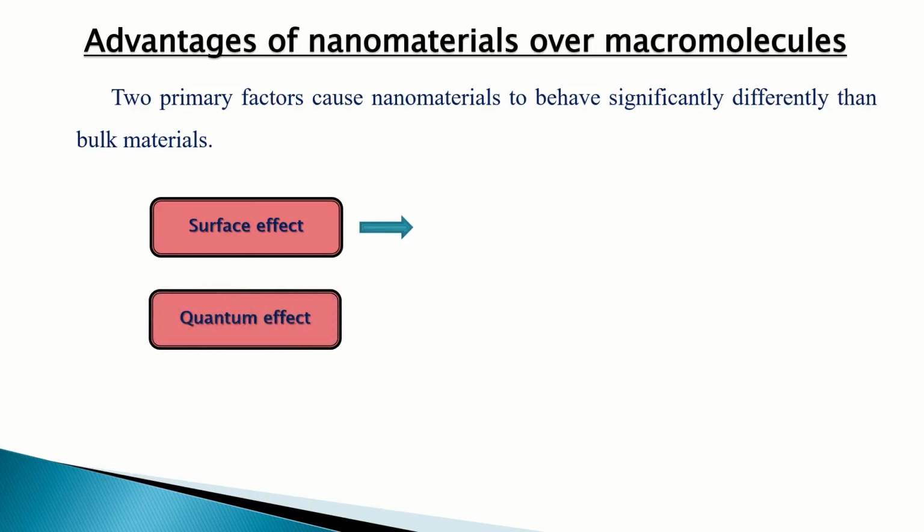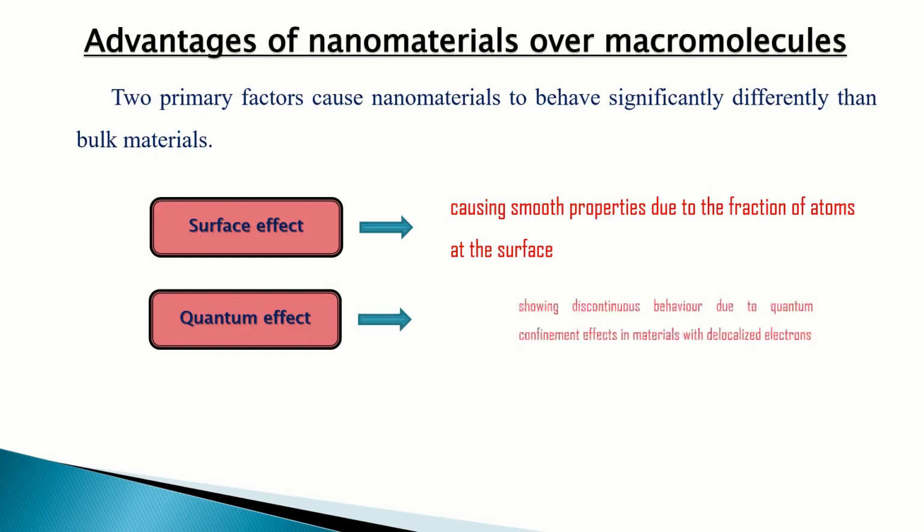Surface effect is nothing but when you reduce the size of a molecule, you have more surface area. In other words, the fraction of atoms at the surface will be more. So because of this, the nanomaterials are superior over macromolecule.